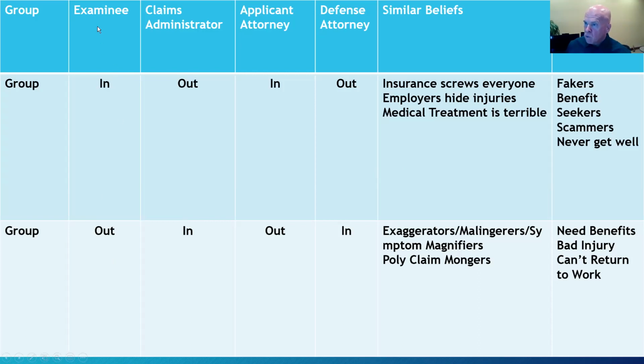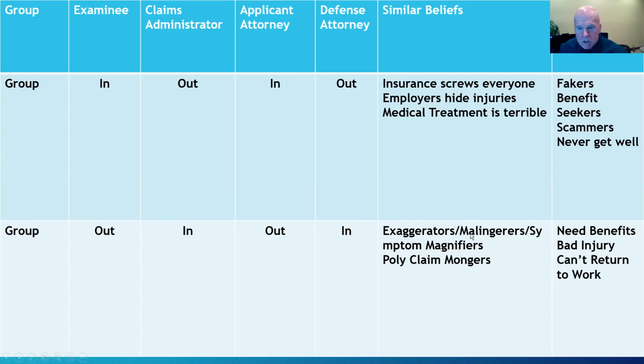On the other hand, when the examinee and the applicant attorney are in the qualified medical evaluator's out-group, and the claims administrator and the defense attorney are in the in-group, this is the so-called defense-oriented qualified medical evaluator, the similar beliefs shared is that, hey, all these people are exaggerators.